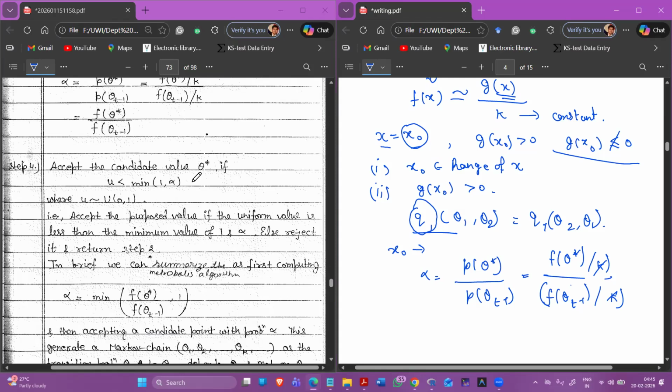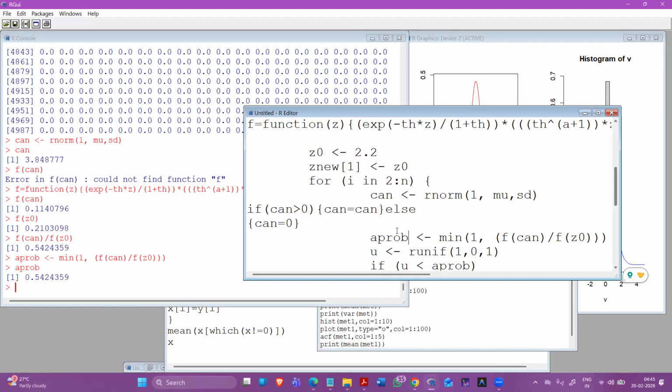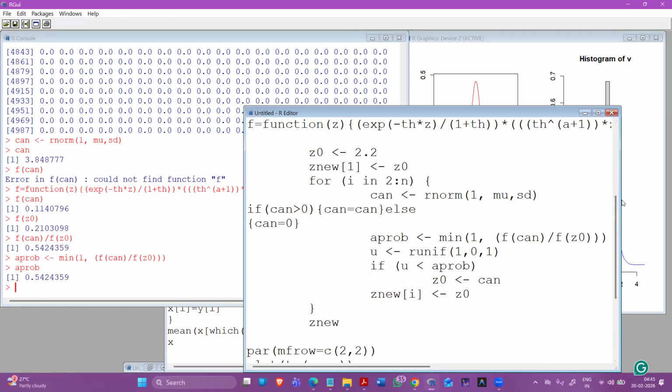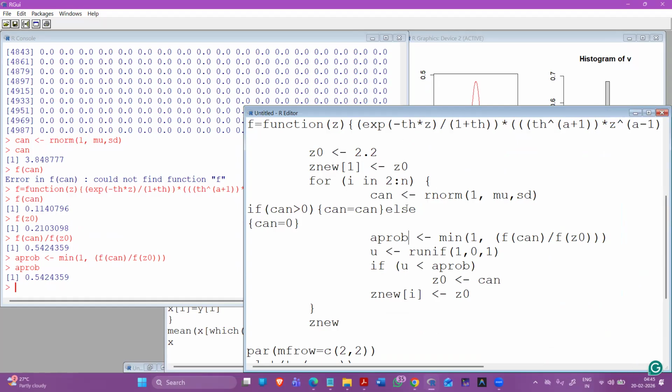If this condition holds, I will accept the random value that I generated from the normal distribution. If this value is less than my u, I will accept it and keep it in my z new. Otherwise, I will reject it. Okay, so in that one, I will check here.